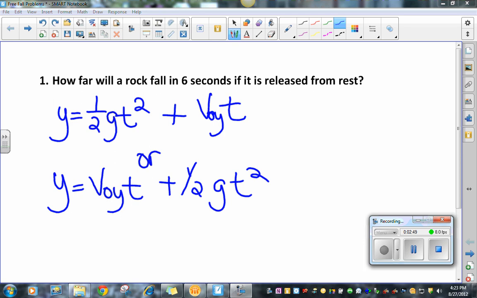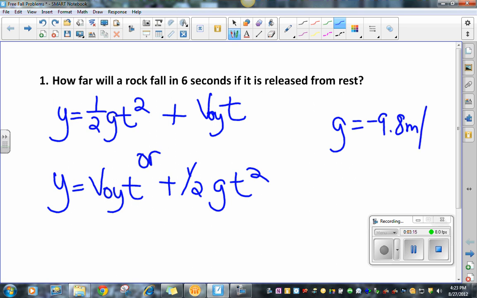Sometimes, because you have 4 different teachers teaching this, you might have one of us write it this way: y is equal to v naught y t plus 1/2 g t squared. It's the same thing. We've just switched each component around. Remember, in these free fall problems, we've replaced the a from your kinematics equations with g, and we will always plug in negative 9.8 meters per second squared for g.